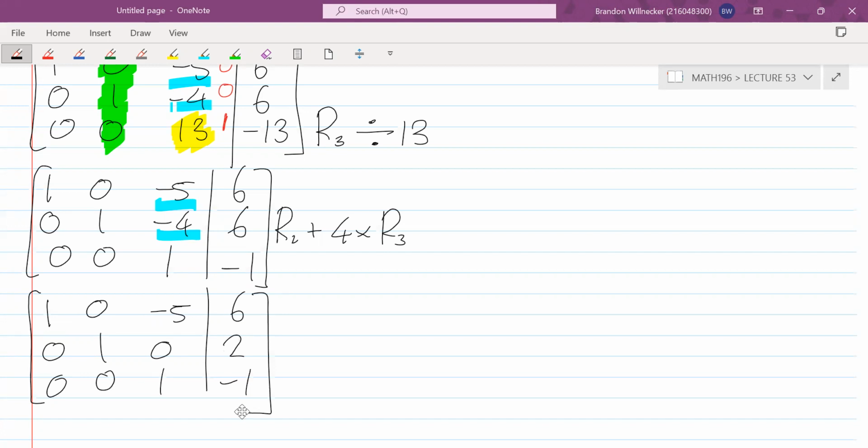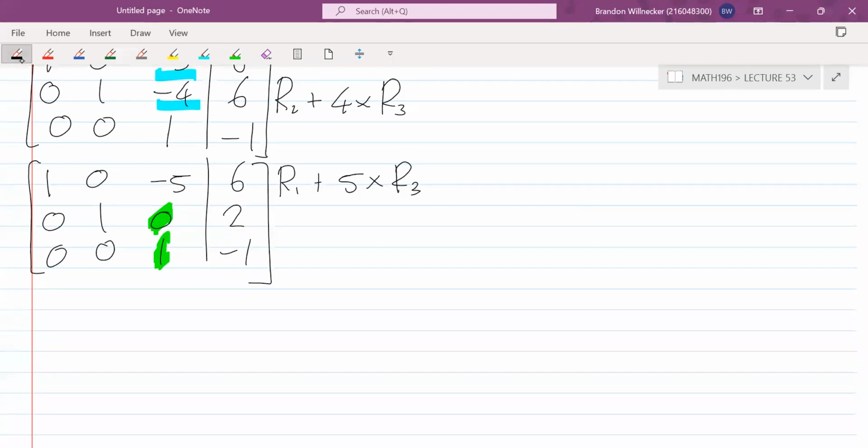Okay, good. We've got the 0, we've got the 1. Now it's just the minus 5. So to get rid of that, we can take row 1 and add 5 times row 3. Because then the minus 5 plus the 5, that's going to give us the 0, which is what we need.